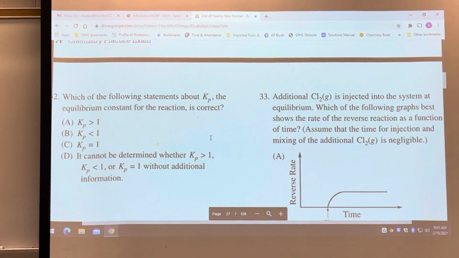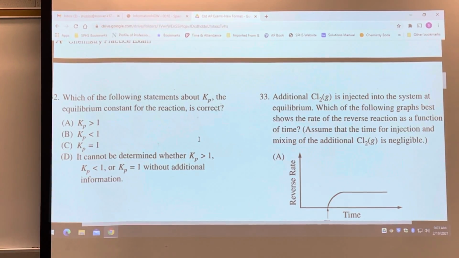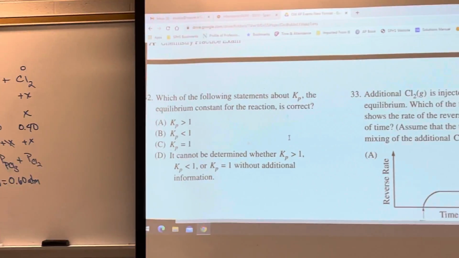Which of the following statements about Kp, the equilibrium constant for the reaction, is correct? Well, we don't have a calculator. But what's my equilibrium Kp going to be? This is 0.4, this is 0.4, this is 0.6, right?